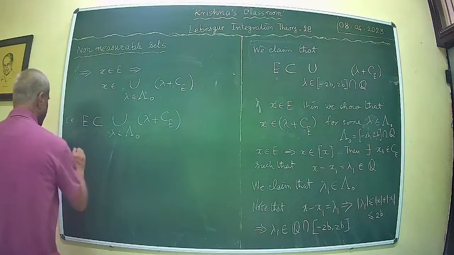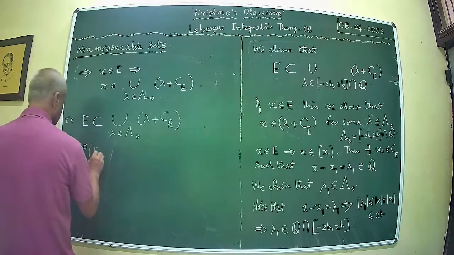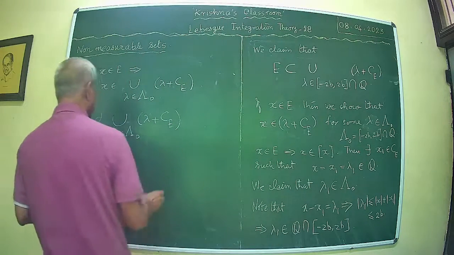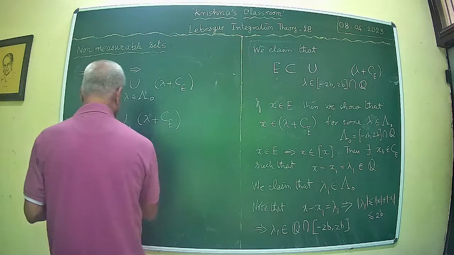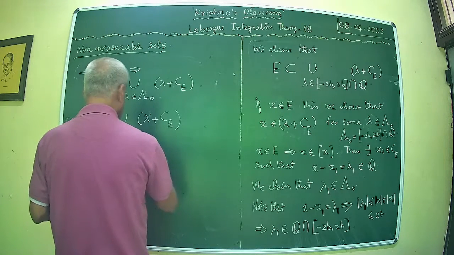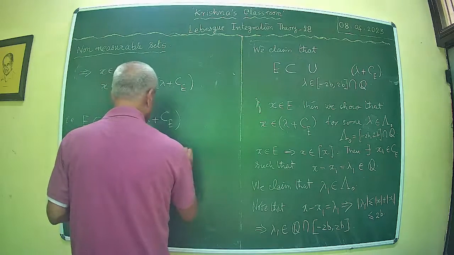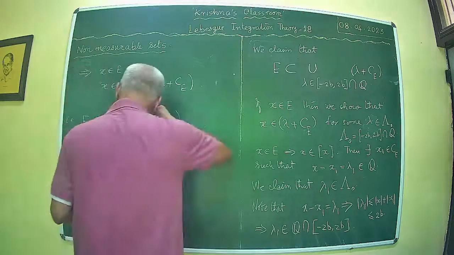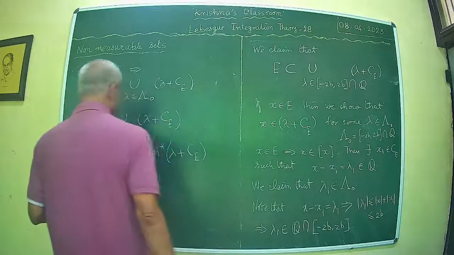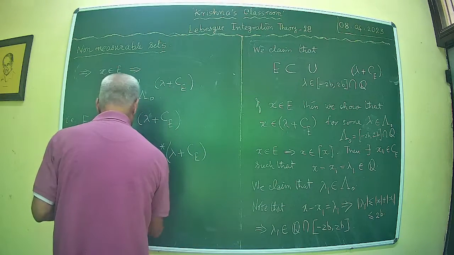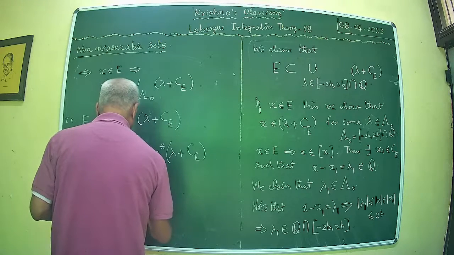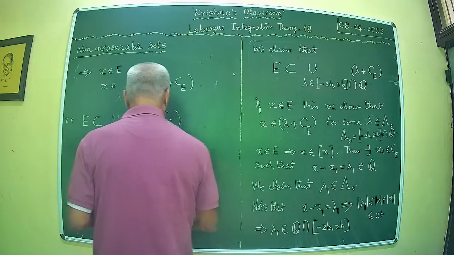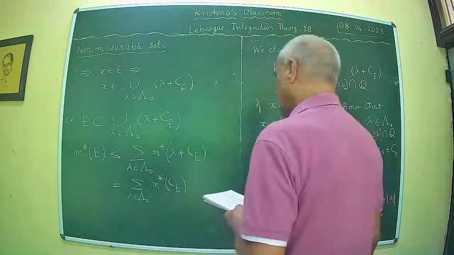See, if you look at the m star, do not assume E is measurable or anything. m star of E is less than or equal to the sum of m star of lambda plus C, which is m star of C. And what do you have here?